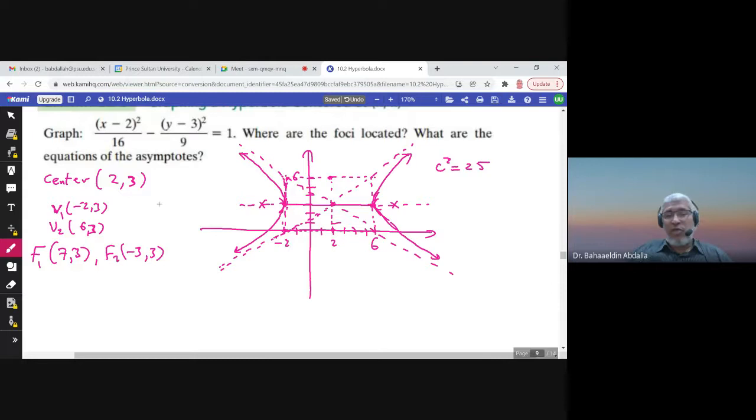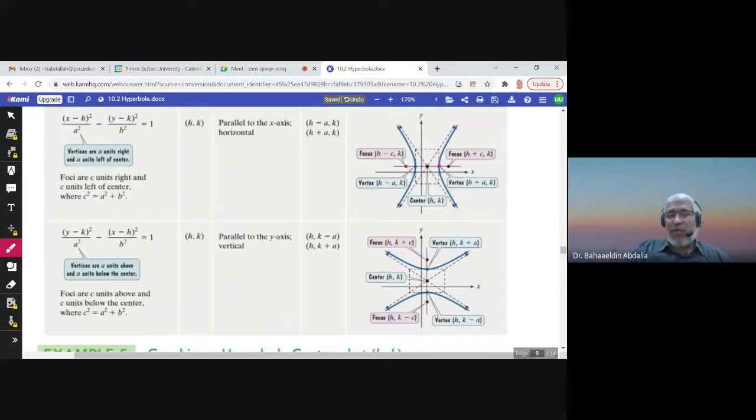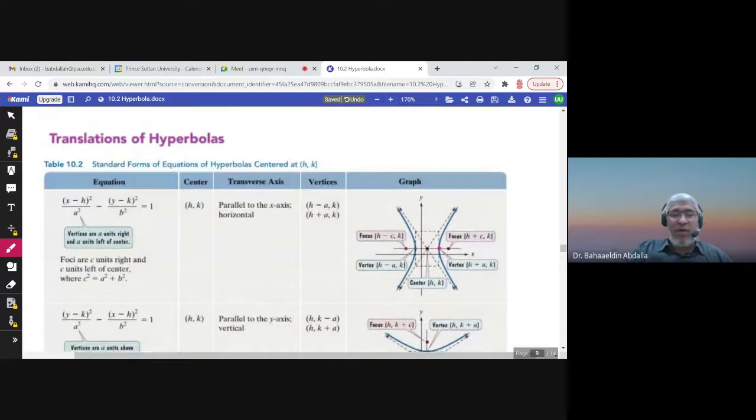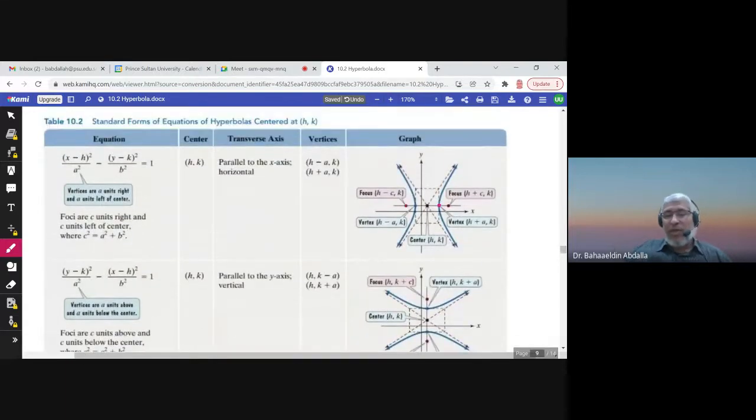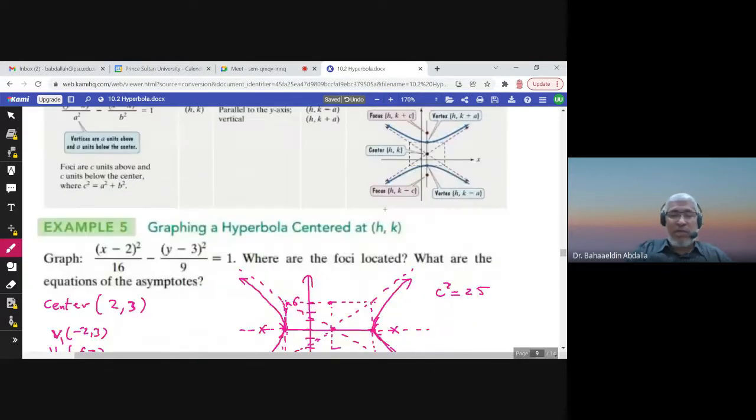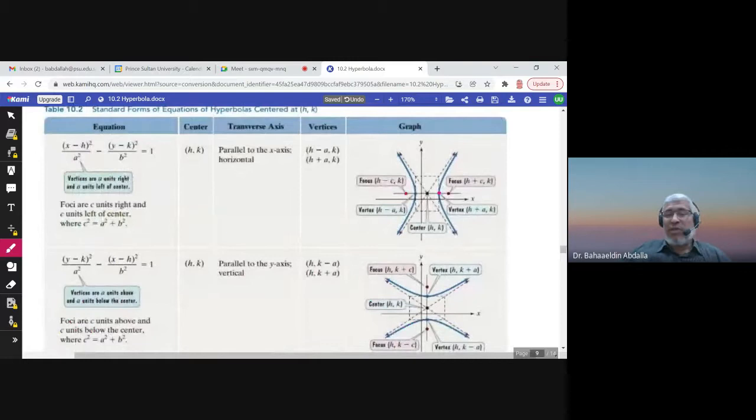What are the equations of the asymptotes? Now we have (y minus 3) squared. So I write y minus 3 instead of y. You remember the asymptotes where y equals plus or minus. But now the equation of the asymptotes would be y minus k equals plus or minus b over a times (x minus h).